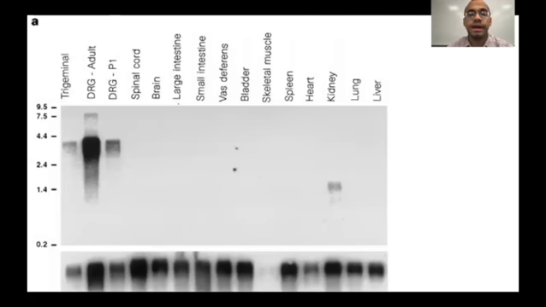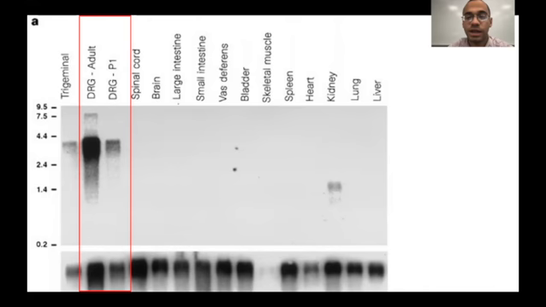Because capsaicin has a highly selective action, it is suggested that vanilloid receptors serve as specific markers for nociceptive neurons. Using northern blot analysis, we were able to visualize a 4 kilobase mRNA transcript expressed only in trigeminal and dorsal root sensory ganglia, both of which contain capsaicin-sensitive neurons.